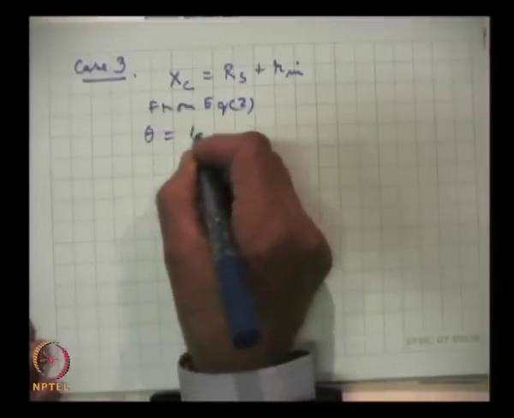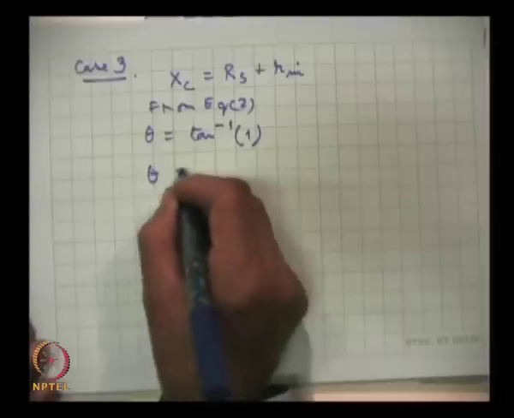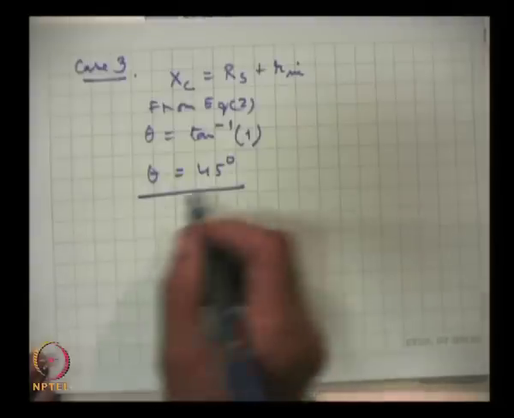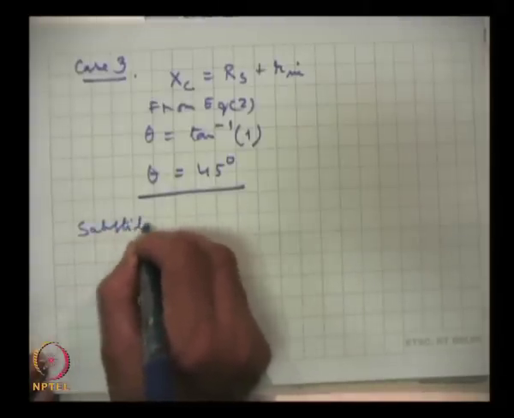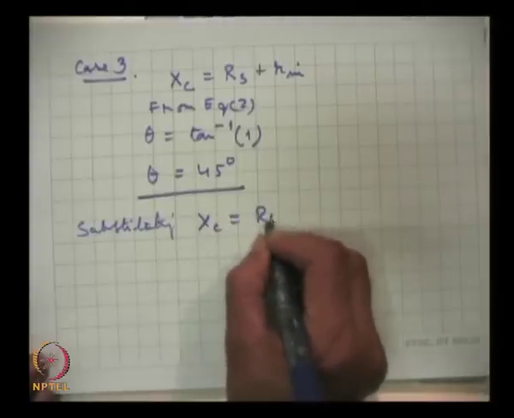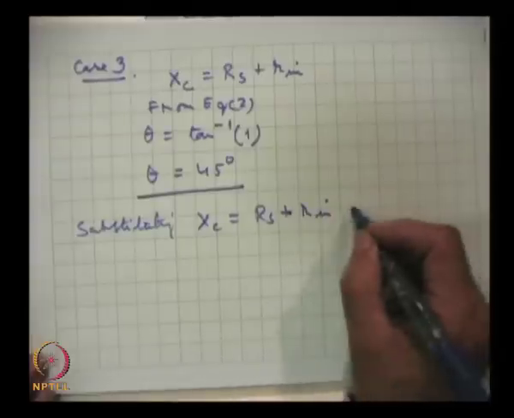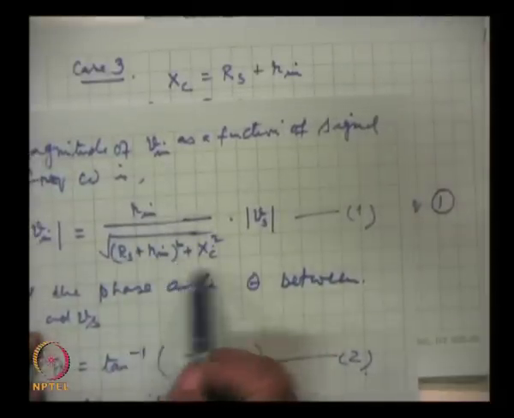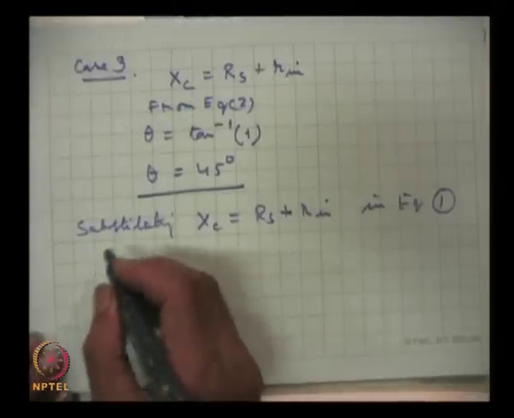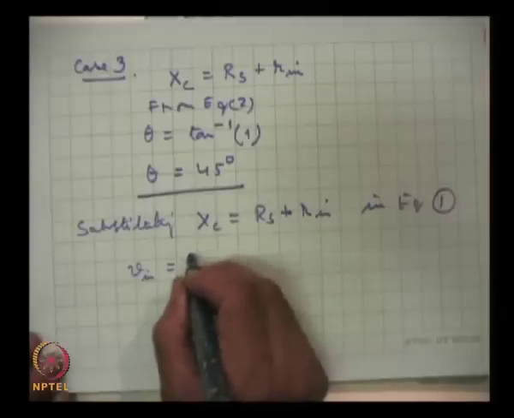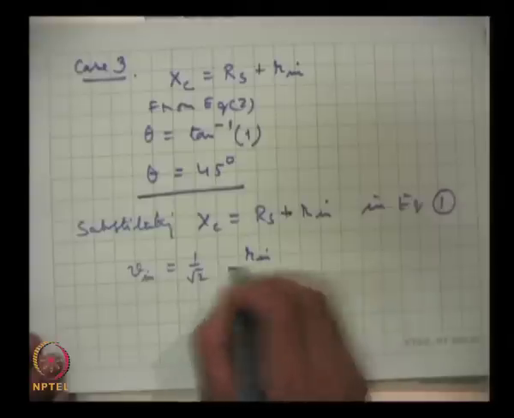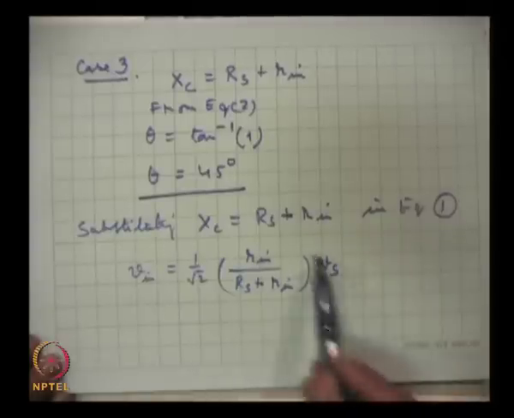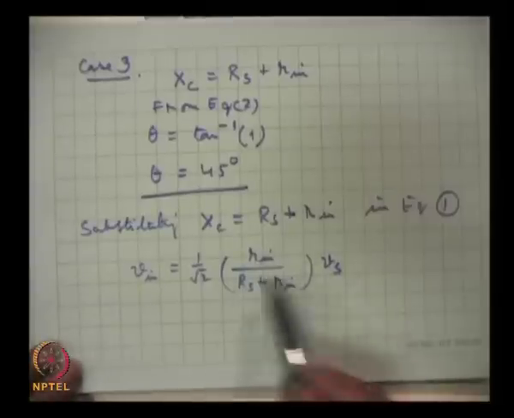Substituting Xc equal to Rs plus R in in equation 1, we get V in equal to root 2 into R in by Rs plus R in into Vs, and this happens at mid frequency.